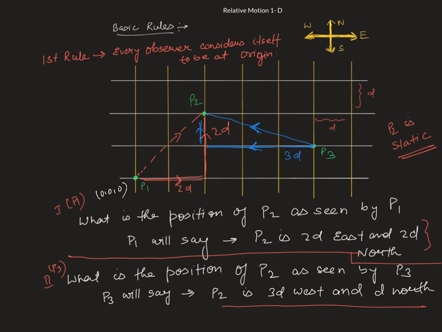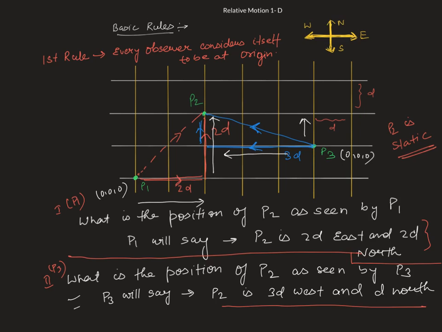And where is P2 now? P2 is 2D east and 2D north. But in the second case, P3 was the observer, and P3 thought that it is at 0, 0, 0. And when P3 said, okay, I am at 0, 0, 0, then P2 is 3D west and D north.